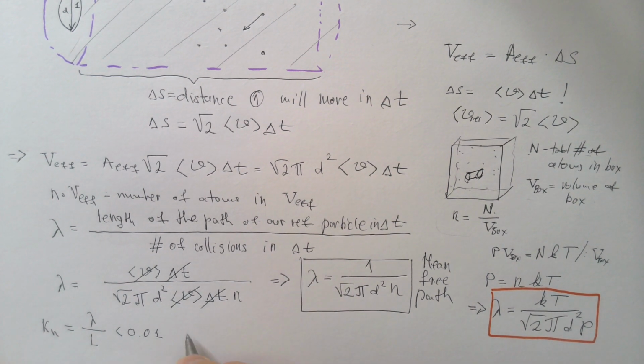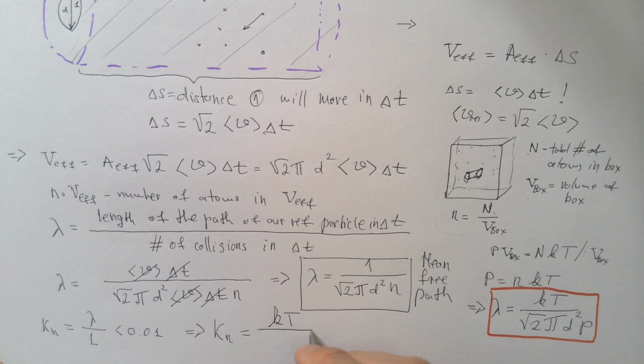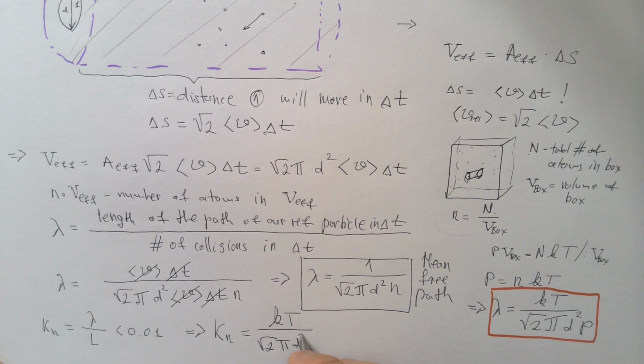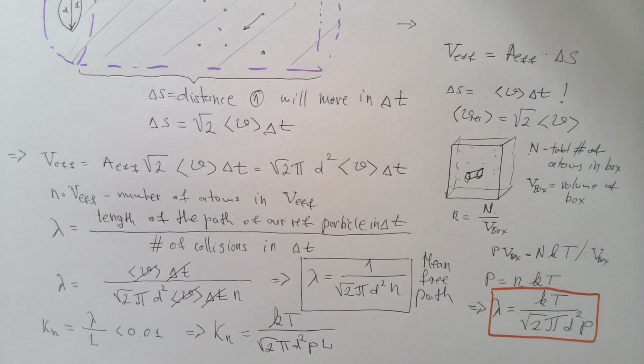So you can see that now, explicitly deriving the value of mean free path, the Knudsen number Kn, discovered by Danish physicist Martin Knudsen, is kT divided by square root of 2 pi d squared times pressure and times the characteristic length of this container that you are maybe interested in.